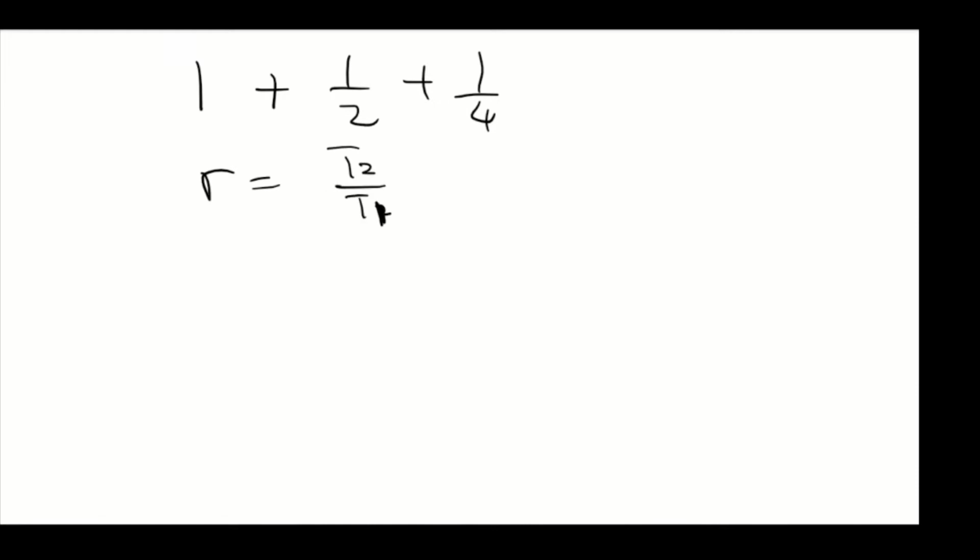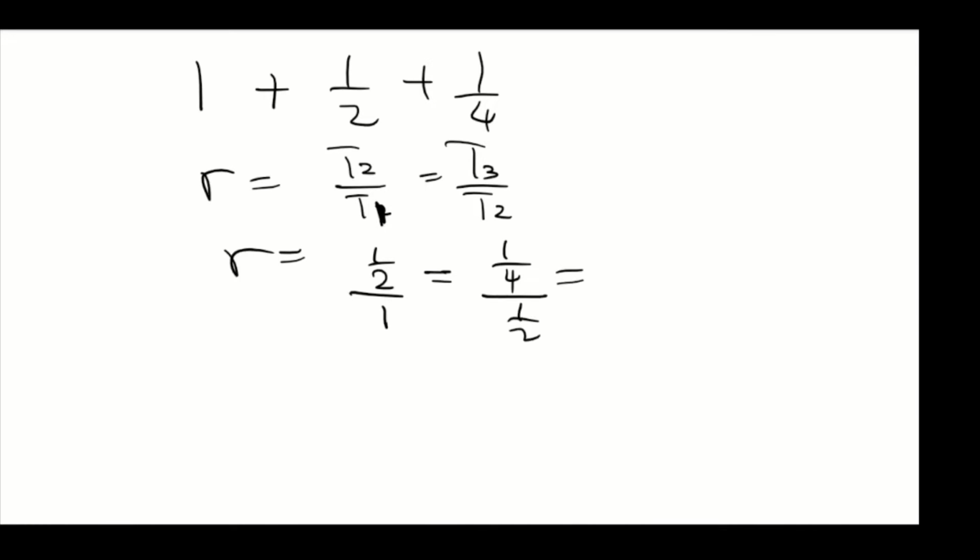T2 over T1 equals T3 over T2. So T2 over T1 is 1 over 2 divided by 1, equal to 1 over 4 divided by 1 over 2. If you punch your calculator, you will find that r is equal to 1 over 2. So we have a constant ratio of 1 over 2.